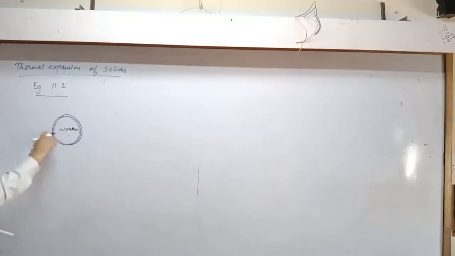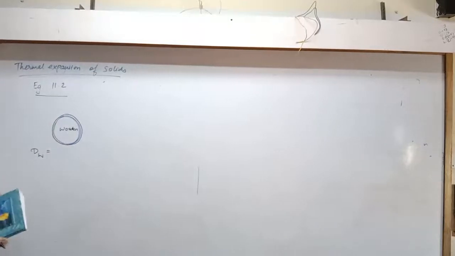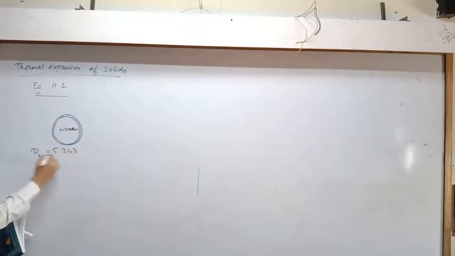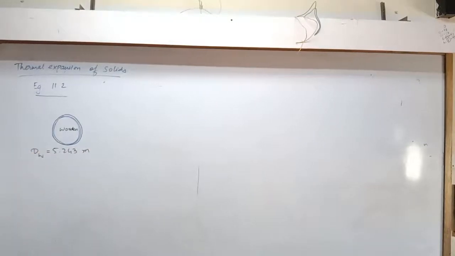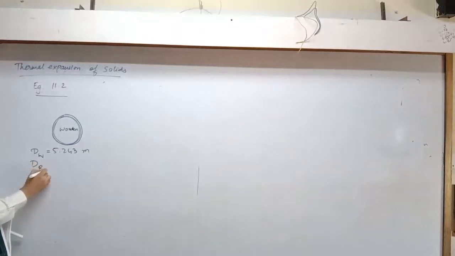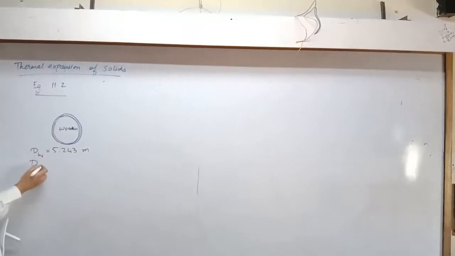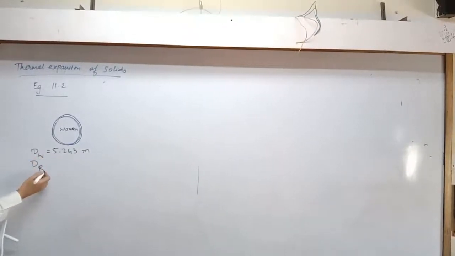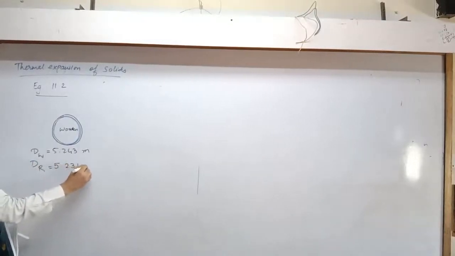The diameter of the rim of the wooden wheel is 5.243 meters, for a horse cart. And the diameter of the iron ring is 5.231 meters.